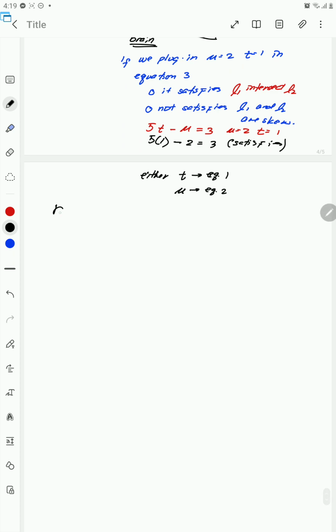Okay, why don't we just use both lines? So let me just rewrite the line. The line says R1 is equal to (5, 1, negative 1) plus t(2, 1, 5). Okay?